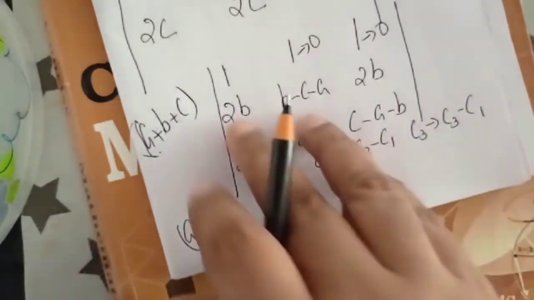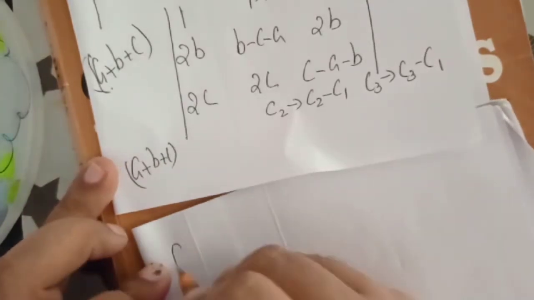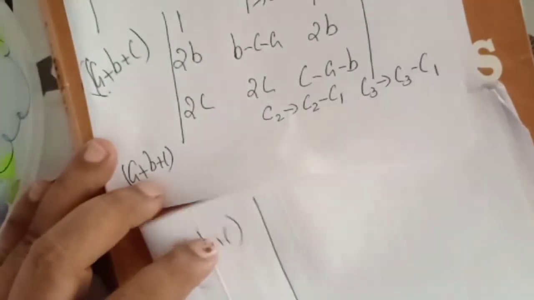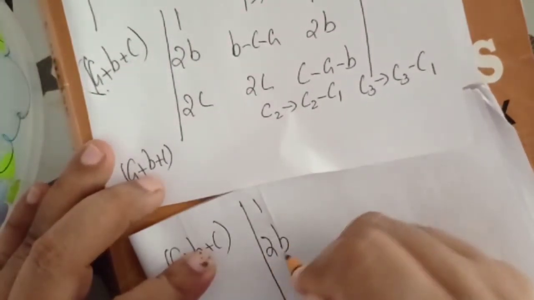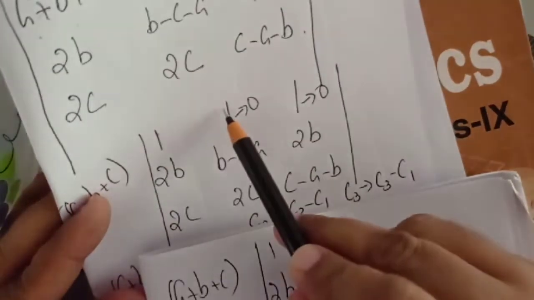Okay. Look here. A plus B plus C is outside. 1, 2B, 2C is in the first column. Look here: 1 minus 1.